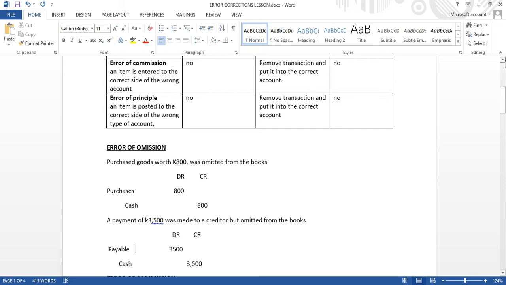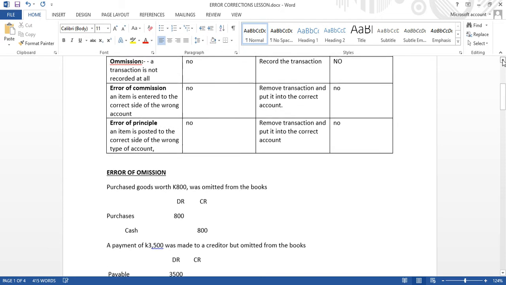So let's look at an error of commission, where an entry is entered on the correct side of the wrong account. Here we do not need a suspense account.